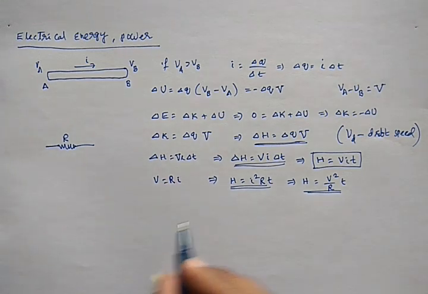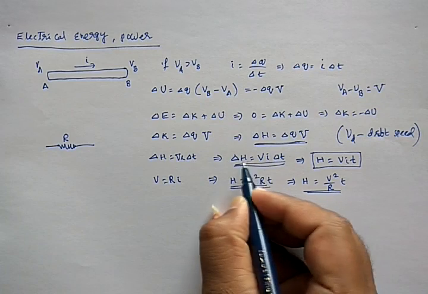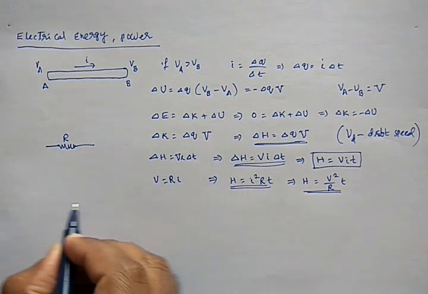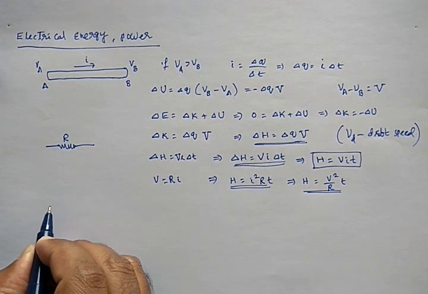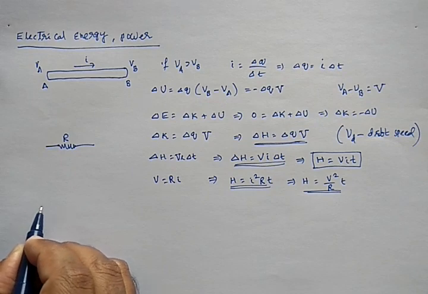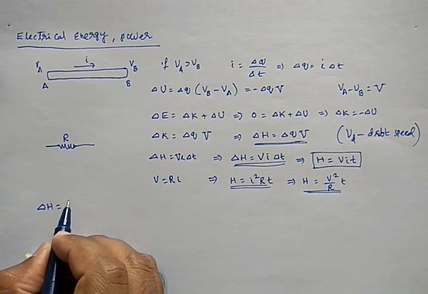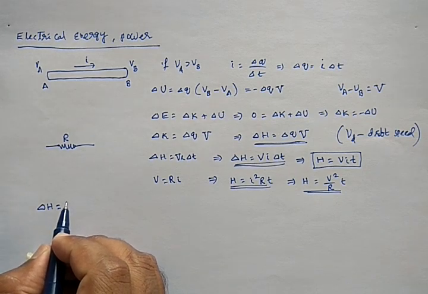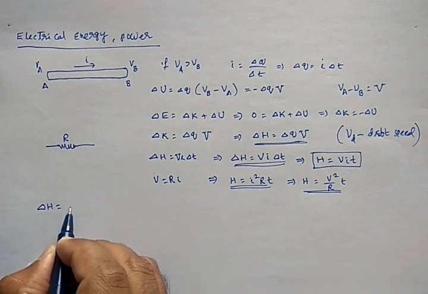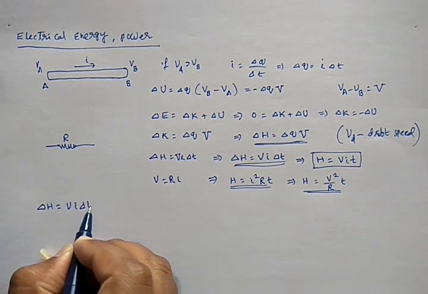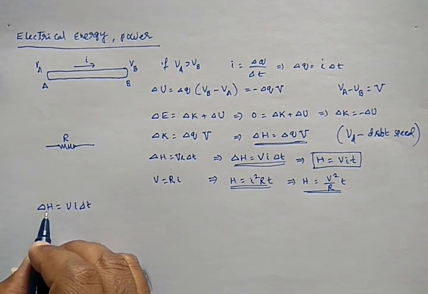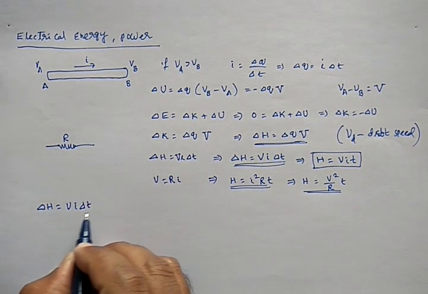So now let us come from here once again. So now we wrote delta H equals Vi delta T. This is the amount of heat dissipated in the system in delta T time.